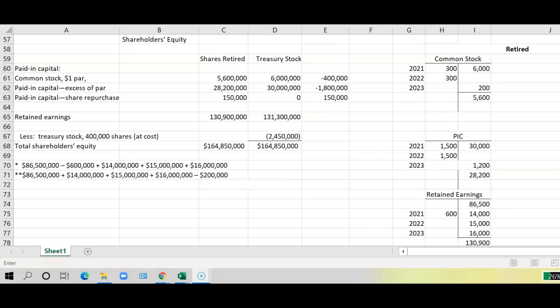Under the treasury stock method, when you resell shares you acquired, you first make up the difference by eliminating the paid-in capital shares repurchased. And in this case, you only had a balance of $2 million in paid-in capital shares repurchased.